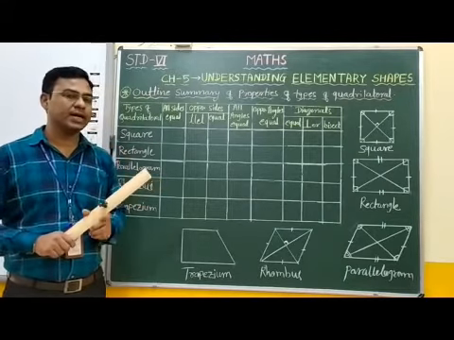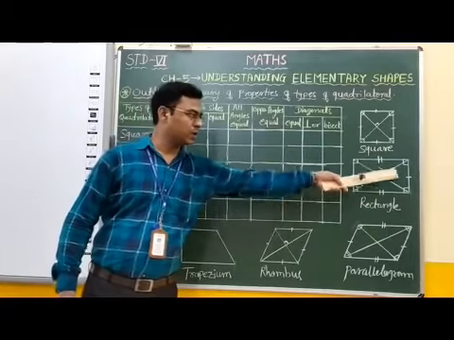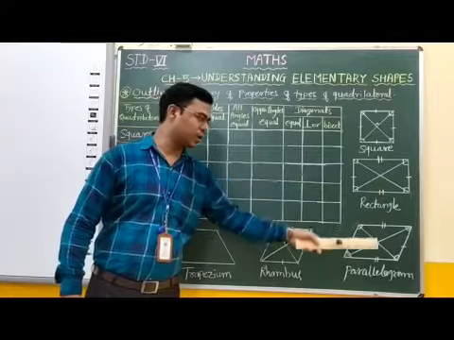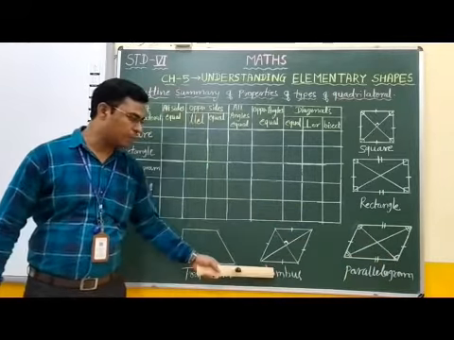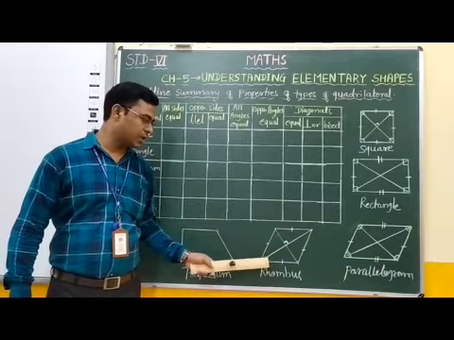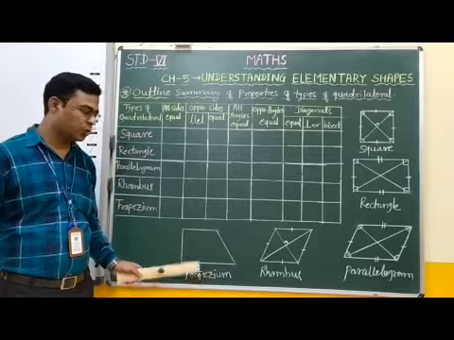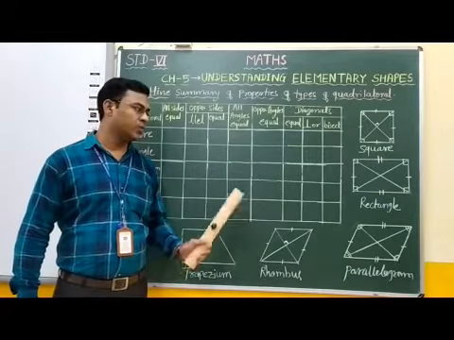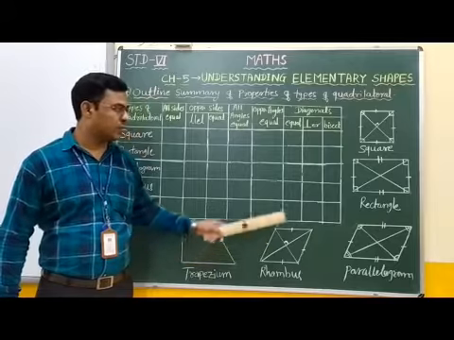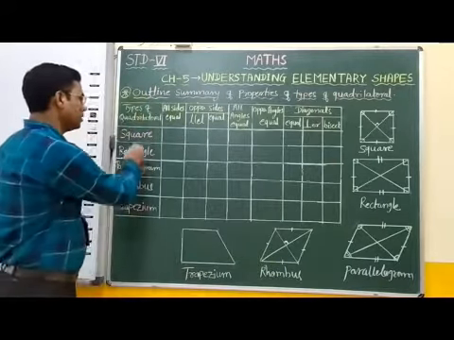In square, yes, in square all sides are equal. In rectangle, no. Here all sides are not equal. In rhombus, yes, in rhombus all sides are equal. In trapezium, no, all sides are not equal. Therefore, we write S for square and rhombus only.